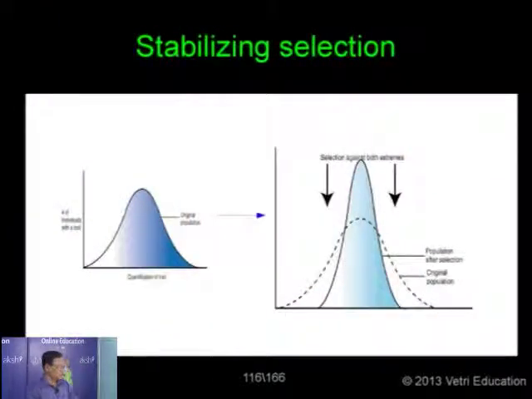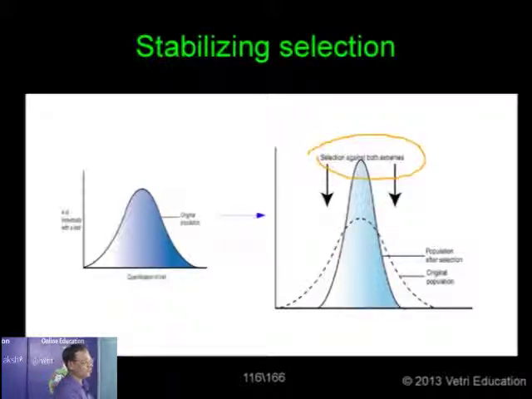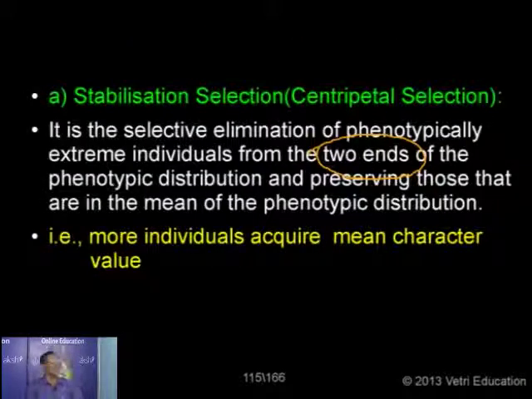Now you see that the selection is against extreme individuals. So more individuals acquire the mean character value. That means though the individuals at the two extremities are eliminated, they are not completely wiped out. So more individuals acquire the mean character value. That is why it's called stabilizing selection, because it tends to maintain the stability in the mean character value.